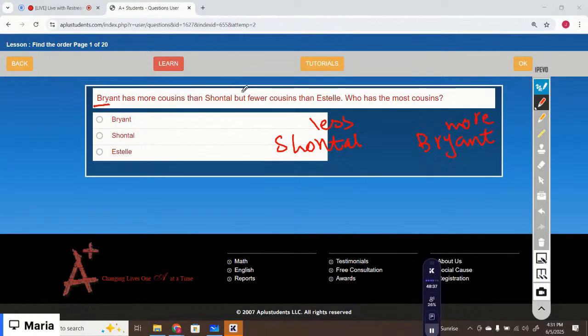So Brain has fewer cousins than Estelle. So that means here is Estelle, right? Who has the most cousins? Estelle has the most cousins.